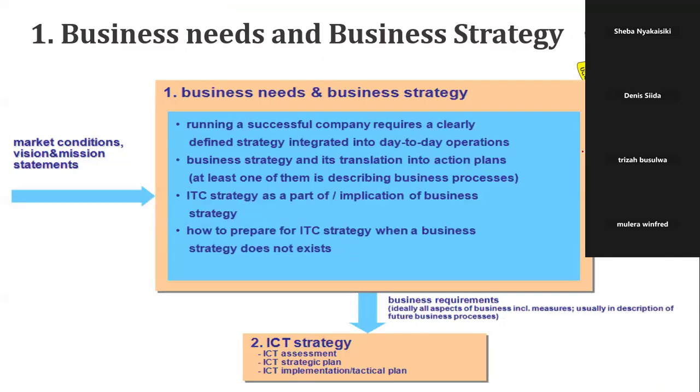So these sections simply break down all those sections that we had previously: business needs and business strategy. Everything starts from strategy, the business strategy that has been clearly defined with the business goals. This then gives guidance on how we are going to develop our ICT strategy aligned to business goals.